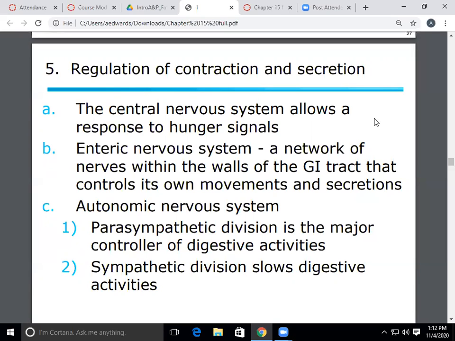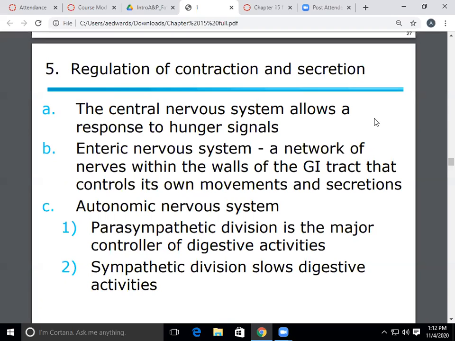If your body's needing food, your central nervous system can interpret that. You also have the enteric nervous system. These are nerves in the walls of your digestive tract, gastrointestinal tract, and they can control their own movements and their own secretions. So there's kind of an internal nervous system there in your digestive system.